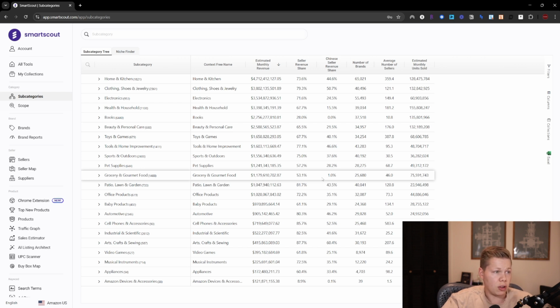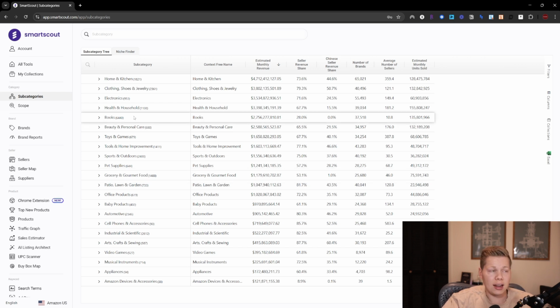Grocery and gourmet is looking really nice for me. Everything else has a higher Chinese seller and lower rev share than what we've looked at before. So the clear and distinct winners of this competition are absolutely going to be, for me, health and household products, beauty and personal care, and then it's got to be grocery and gourmet coming in here as well.